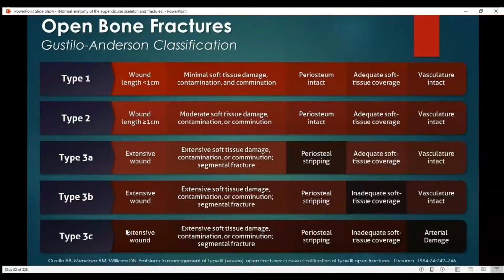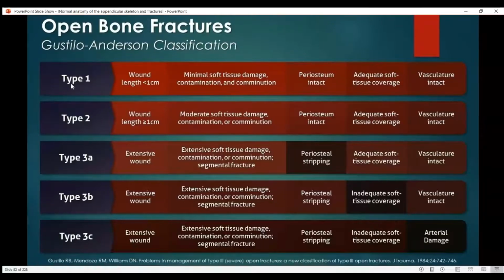You need not really learn the types in detail, because you will learn that in your orthopedics class, but just remember the terms, nothing else. There are actually 5 types of classification of open bone fractures: type 1, type 2, type 3A, type 3B. Until here it is quite simple.